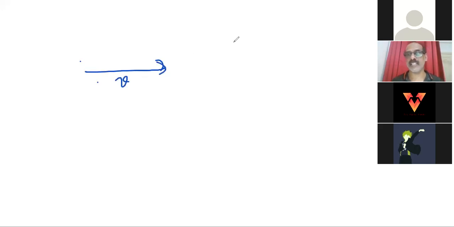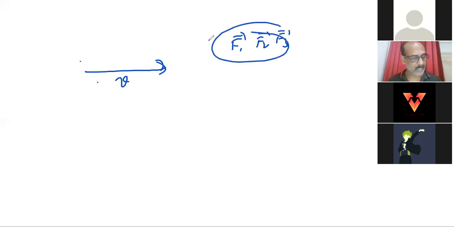Three forces acting, say F1, F2, F3. This you don't write. Three forces start acting simultaneously on a particle moving with a velocity v. Have you written? Yes, sir.